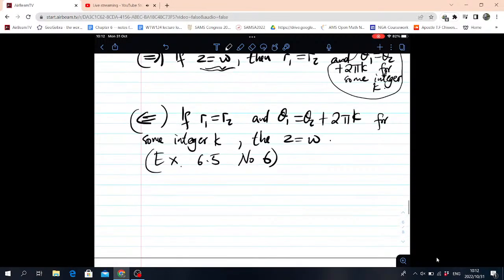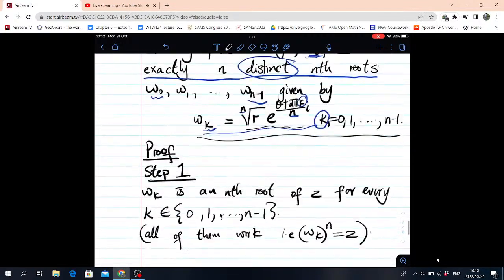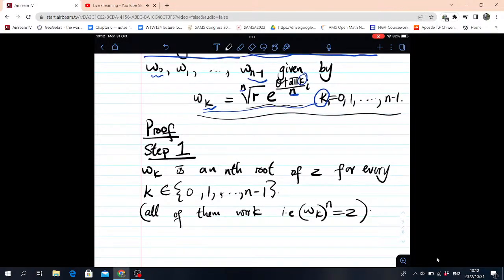We want to check that all the complex numbers that we are given in this formula are nth roots of Z. That's the first step.